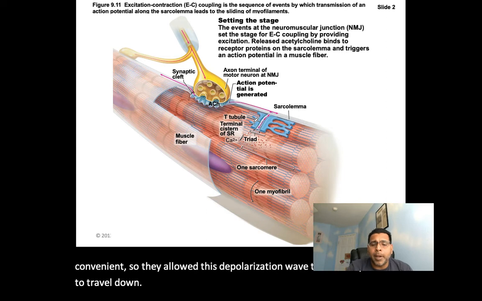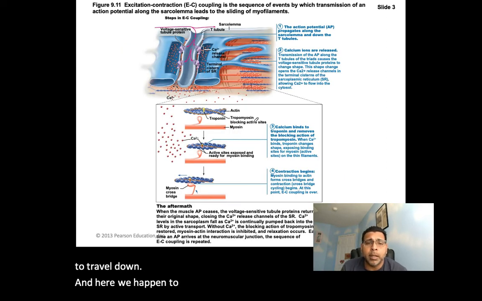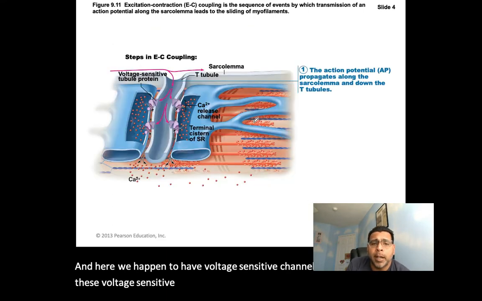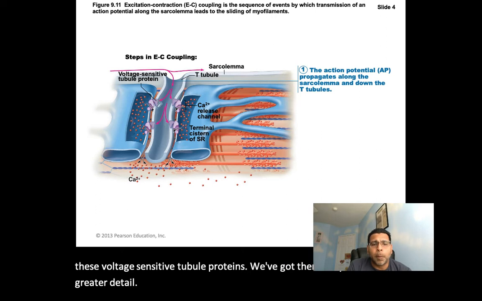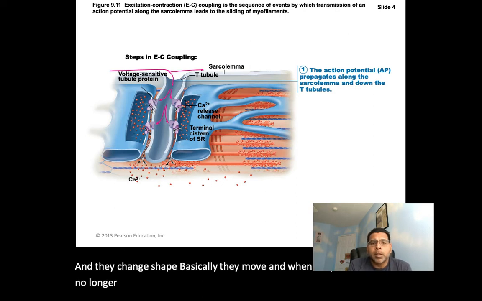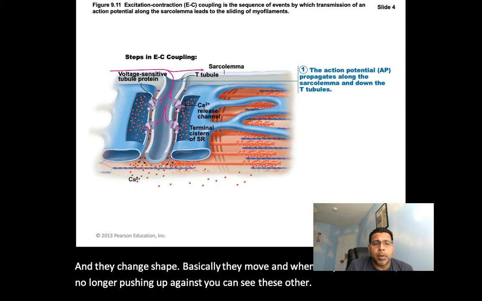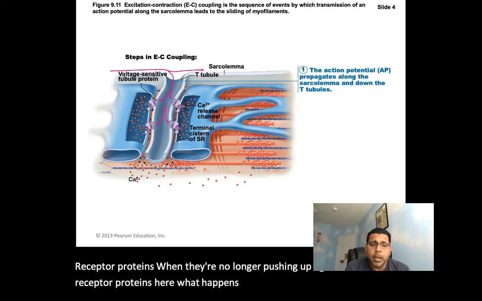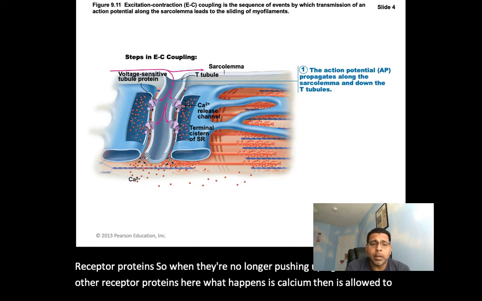And here we happen to have voltage-sensitive channels there as well. Now these voltage-sensitive tubule proteins, you can see in greater detail, will open up and change shape. When they move, they're no longer pushing up against these other receptor proteins. So when they're no longer pushing up against these other receptor proteins, calcium is then allowed to make its way out.